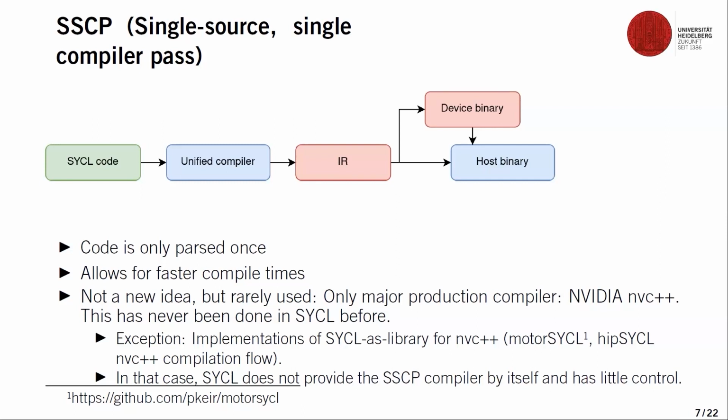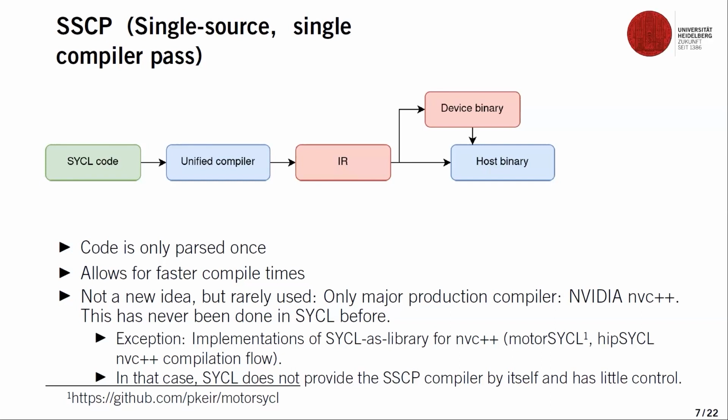That compiler then just generates IR, as Clang would usually do. And then inside that IR, you find your kernels, you extract your device code from that IR, you process it into a form that you can embed, and then that device binary gets embedded into your host code, into your host binary.